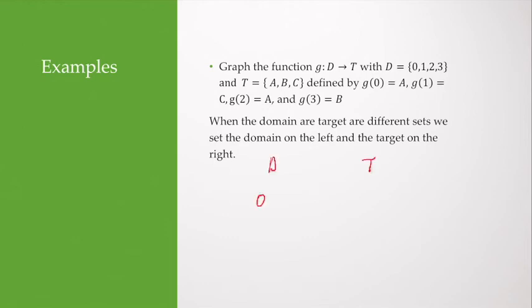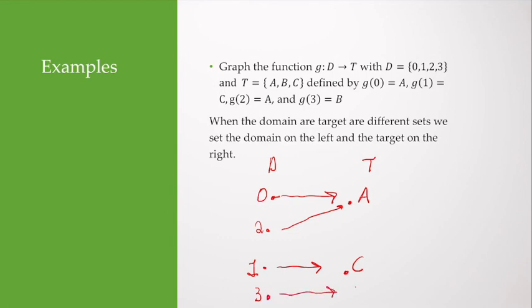So at first I have that 0 goes to A. Then I have that 1 goes to C. Then I have that 2 goes to A. And then I have that 3 goes to B. See how this is still a function?